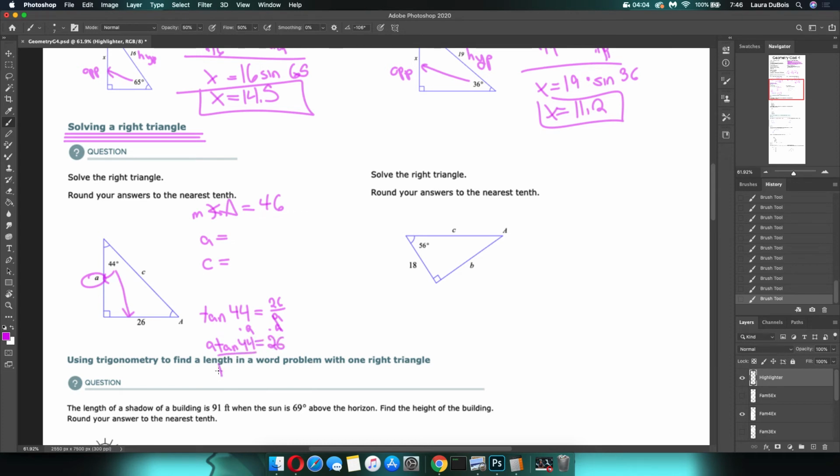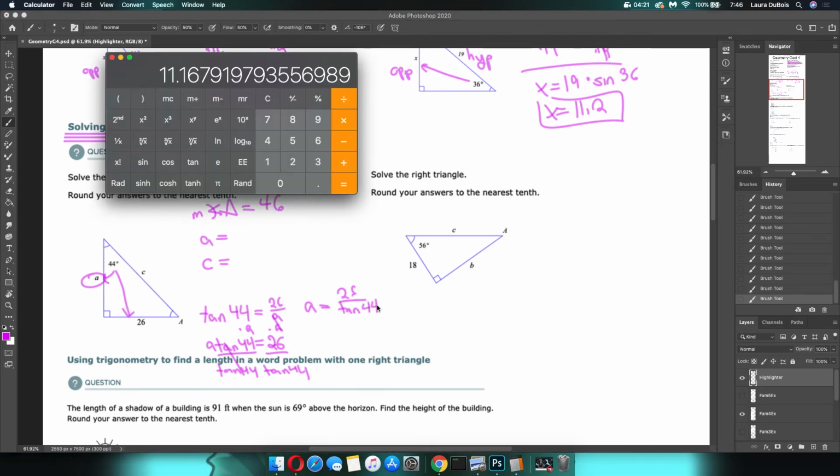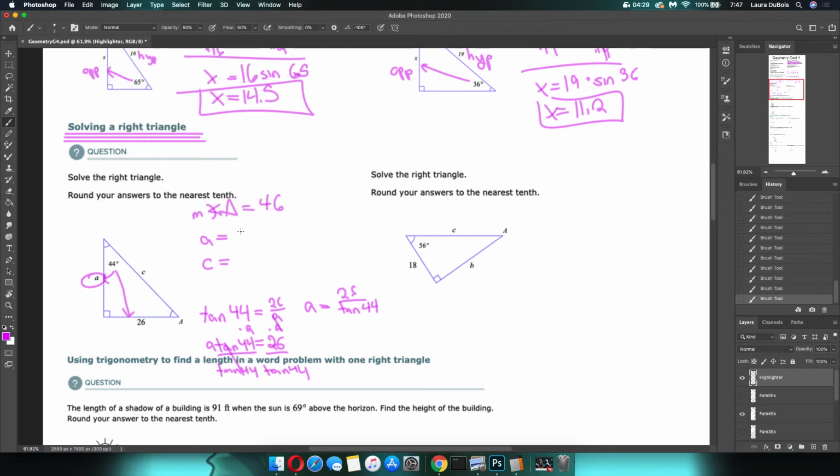Divide by tan 44. So what I'm putting into the calculator, A equals 26 divided by tangent 44. And what do we get? 26.9. Okay, not so bad.